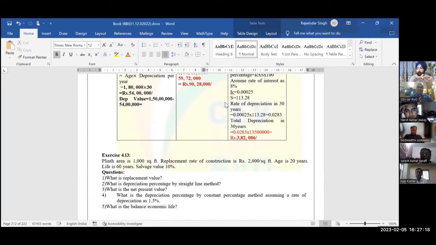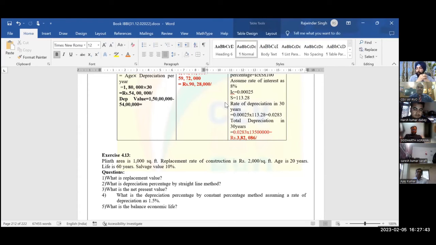When both of them are at the same level, then you can say that the value of this asset is so and so. That is your market approach. It means find out the comparable as near, as similar as possible.